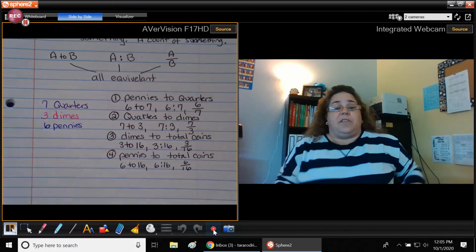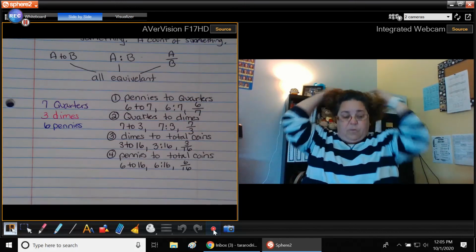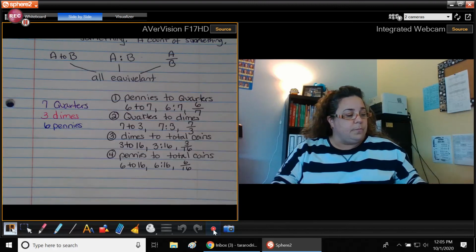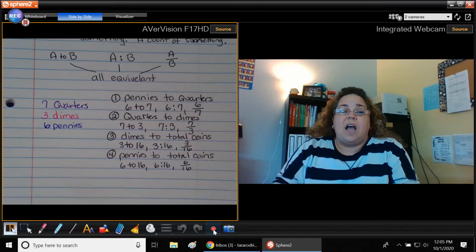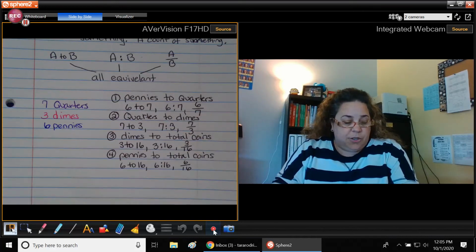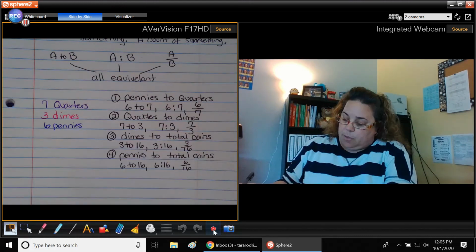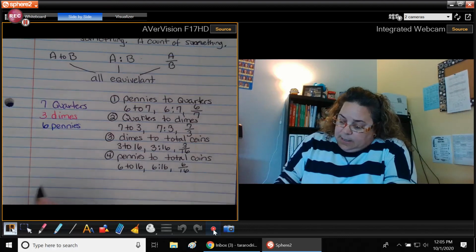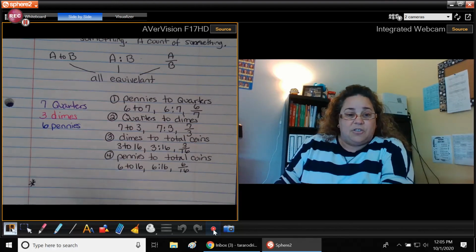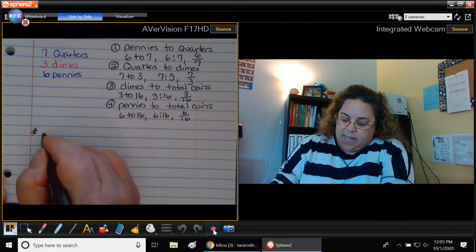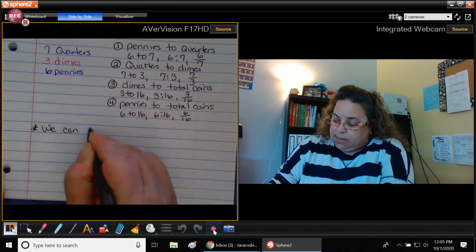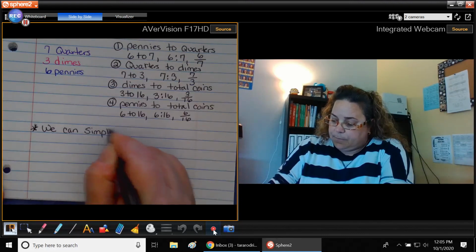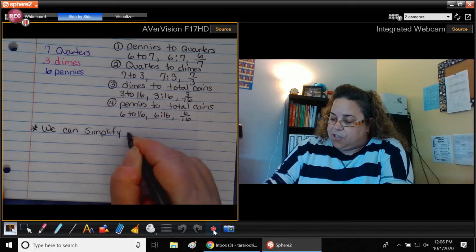Okay, so there's one other thing that I want to explain to you about ratios that I think is helpful for you to know. You can simplify ratios. You don't have to always, but sometimes you do have to do it, and you can simplify them. So let's put a nice little asterisk right there, and we're going to write, we can simplify ratios.